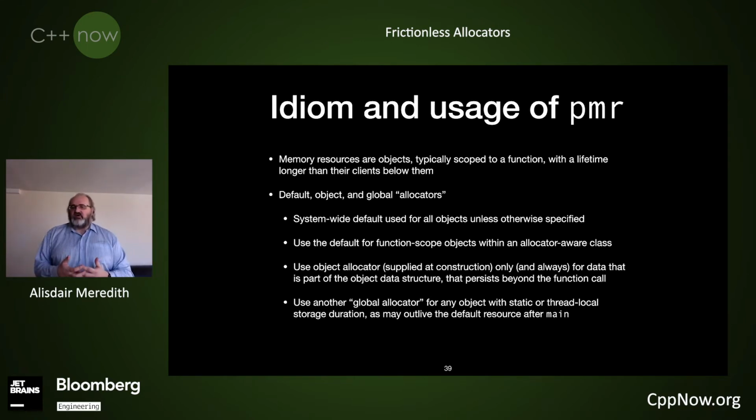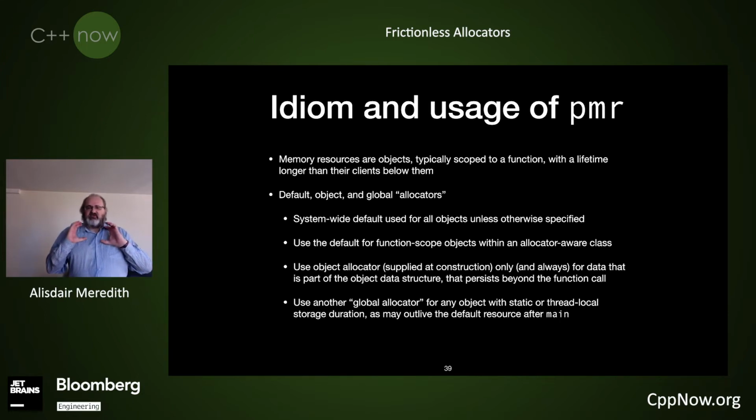And the general rule is, if I'm allocating something that's going to persist beyond this function call as part of the data structure of that object, so it's going to be an element constructed within the vector or a list node or something similar, in those cases I use the object allocator.